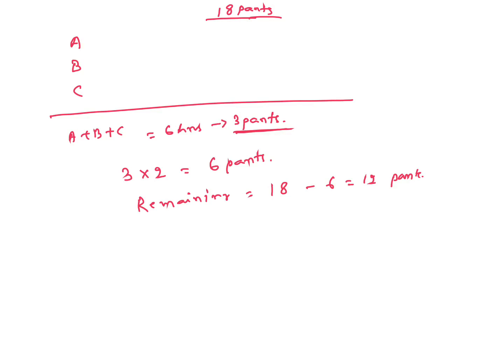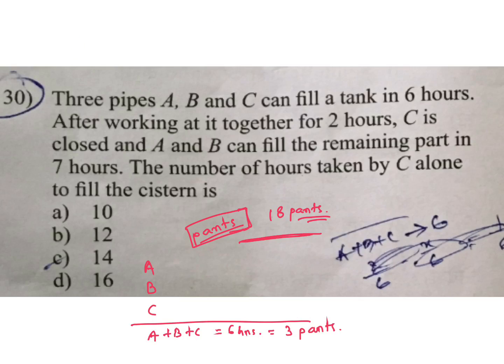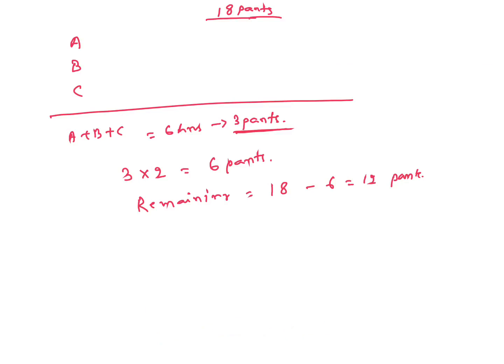Then C is closed. A and B can fill the remaining part in 7 hours. Remaining is 12 parts, they will complete A plus B in 7 hours. 12 parts in 7 hours, so in 1 hour they will complete 12 by 7 parts. So in 1 hour A plus B plus C, all three, they are completing here 3 parts.